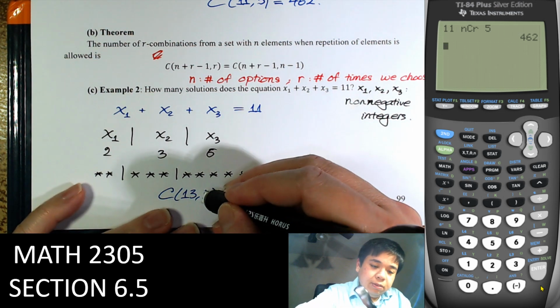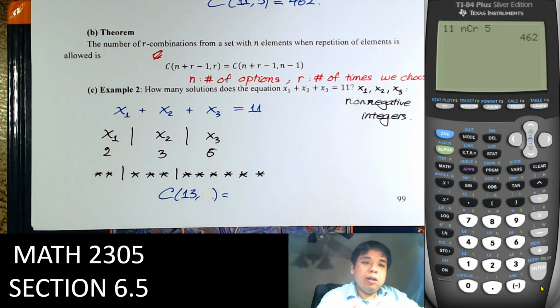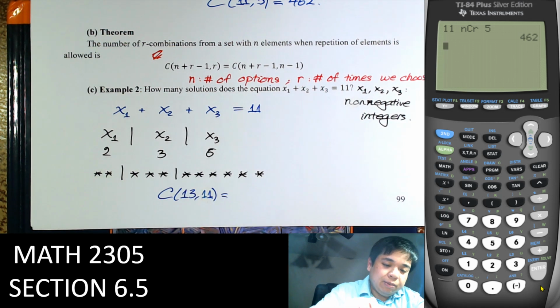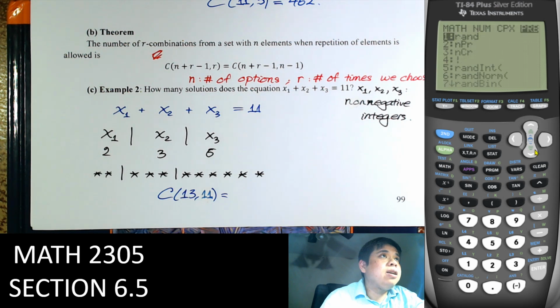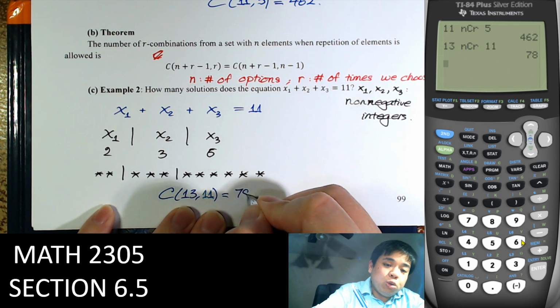Sorry. Actually that's 11. So C(13,11) is 78. So that is where we want the star to be, or where we want the bar to be.